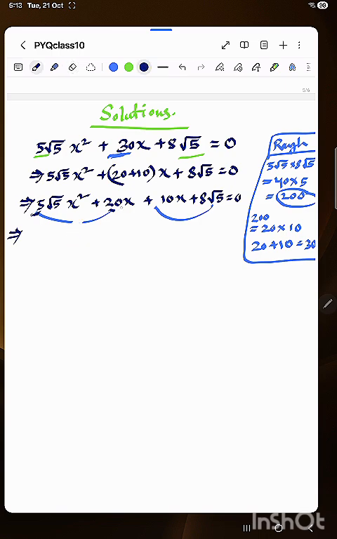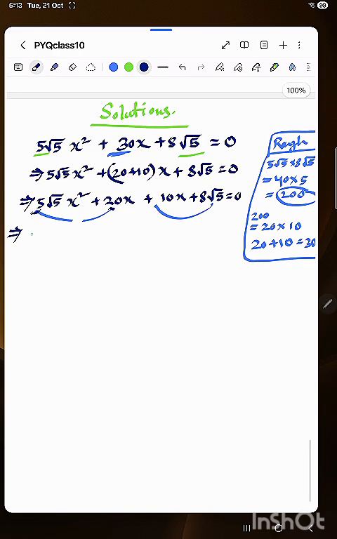Because in 20 it is 5 into 4 only, there is no other root 5. So I can take common only 5, and also x we can take common. So here will be root 5 x. Here 5 is common, x is common, 4 is left, right?